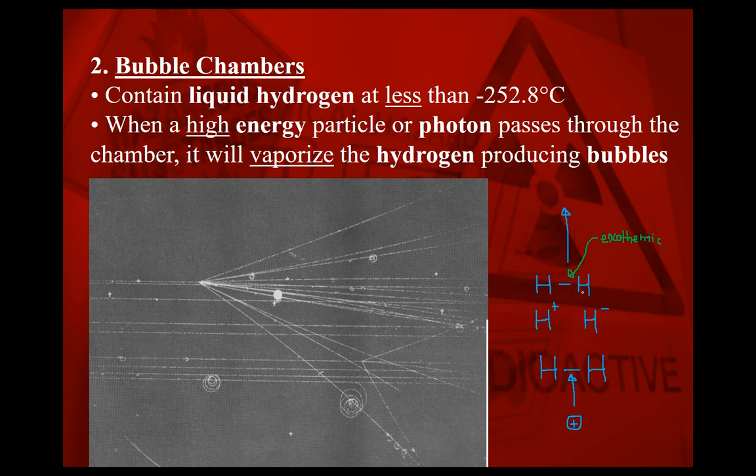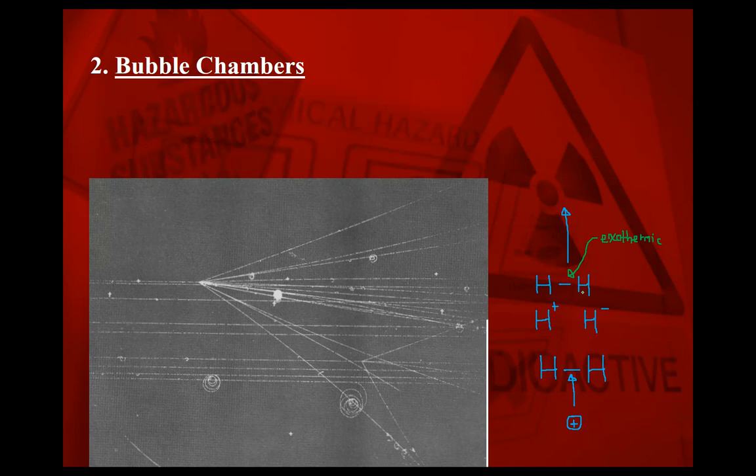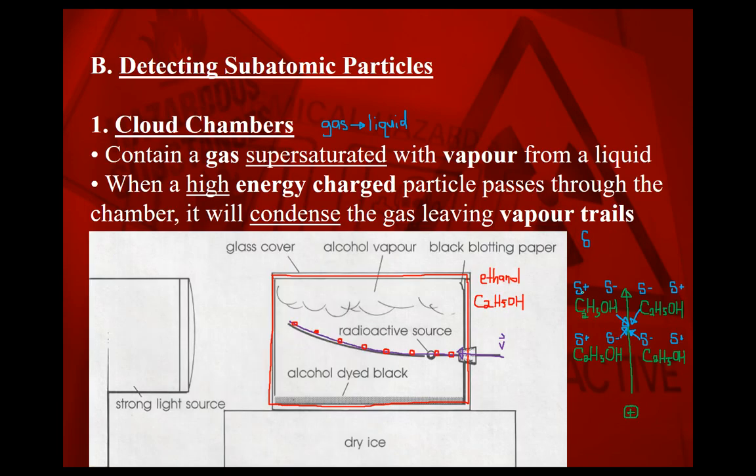So once again, we're just getting a wake that follows behind the actual subatomic particle, just to prove its existence. Now, I did want to point out one thing. For a cloud chamber, I believe this only works for detecting charged particles, because in order for the polar alcohol to come together, you need the subatomic particle to be charged.